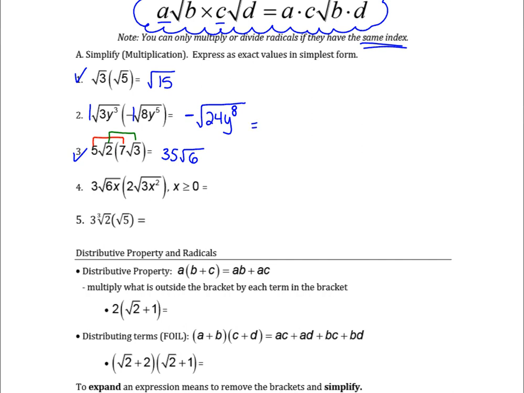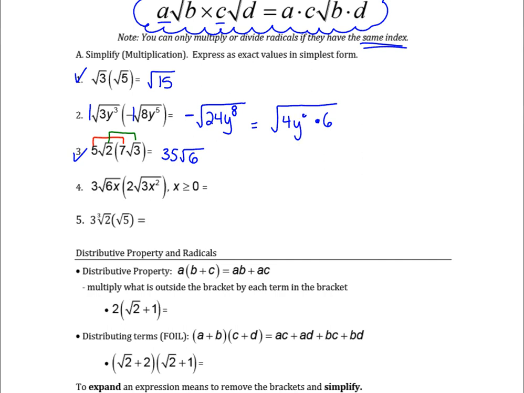Sometimes it's easier if you simplify before, because then your numbers are smaller. So 24, what can it be broken into? 4 times 6. And then y to the 8th. Can you take the square root of y to the 8th? Yes, you can.